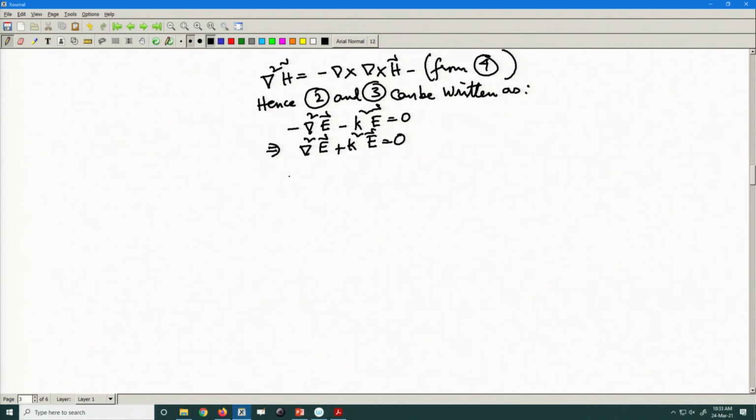And minus grad square H minus k square H is 0, which will mean grad square H plus k square H is 0.